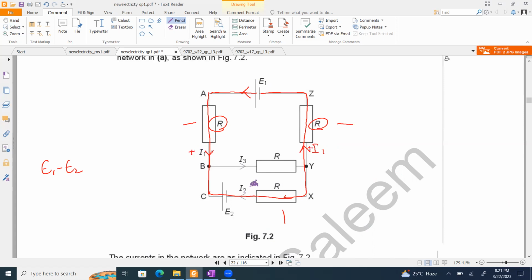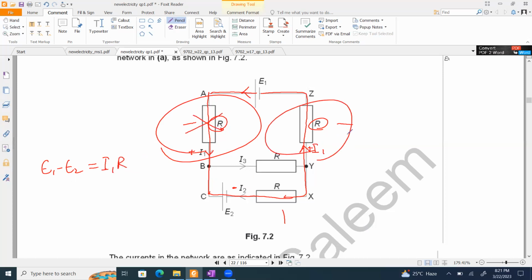And if we talk about I2, can you see I2 is going this way? I2 is not supporting E1, it is supporting E2, and E2 I have taken negative, right? So in this part, I should take I2 as a negative current. Now the voltage of this one is I1R. I've already taken this voltage.